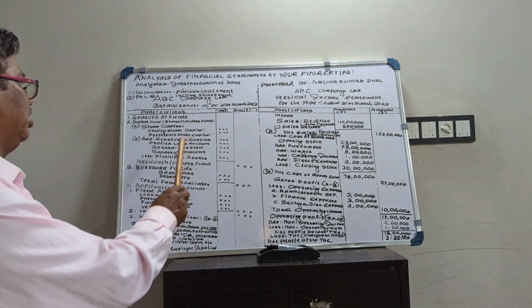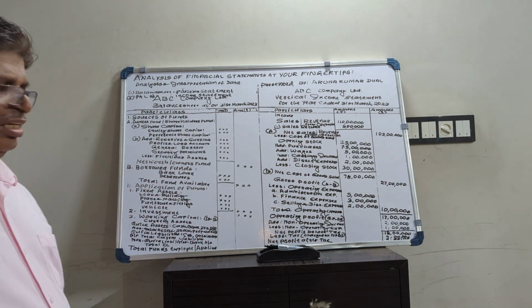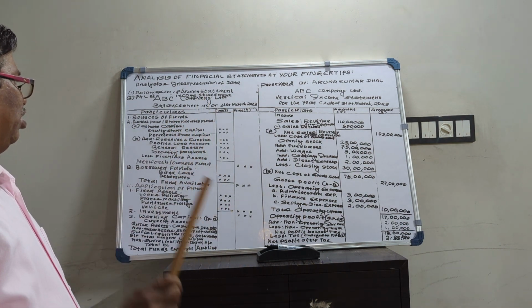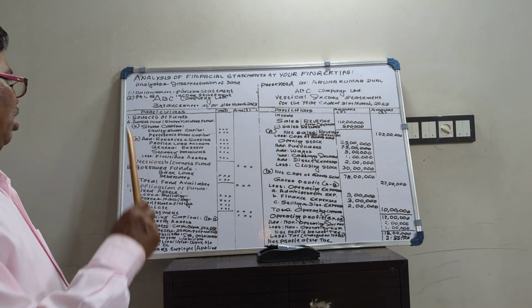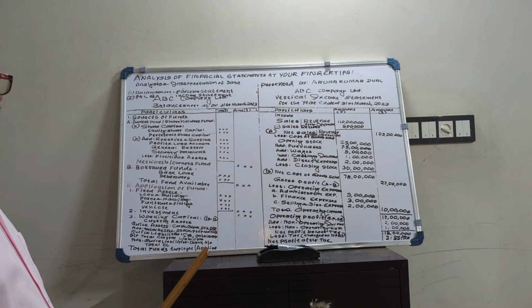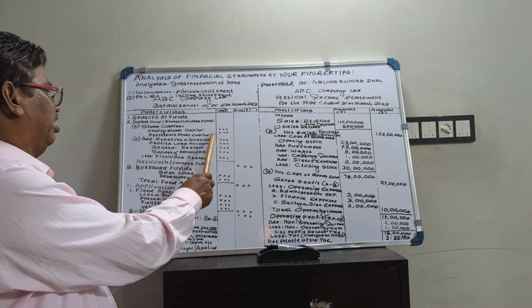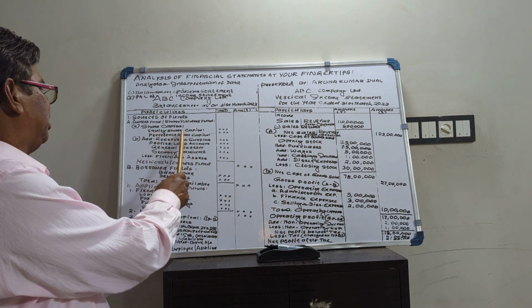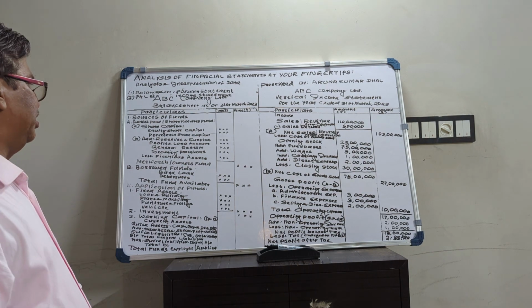You know, equity shareholders are the owners of the company. They elect the board of directors to operate or run the company. Then preference shareholders are investors on a fixed rate of dividend.